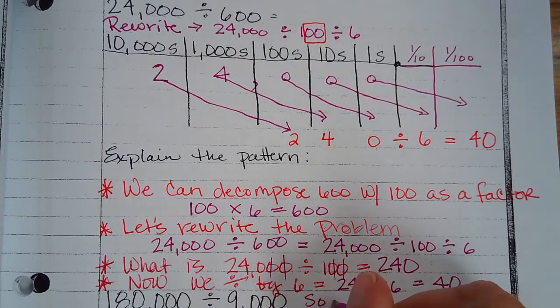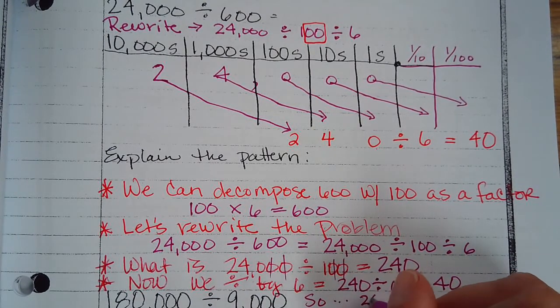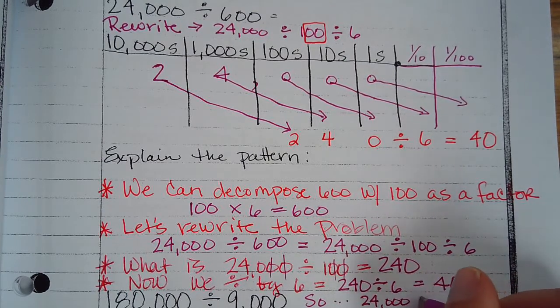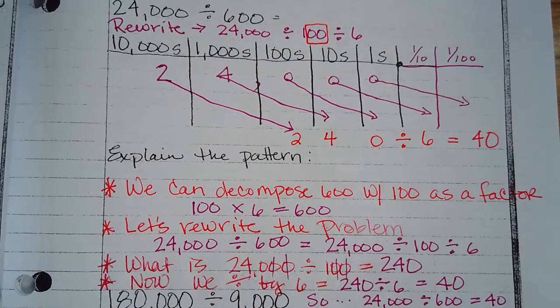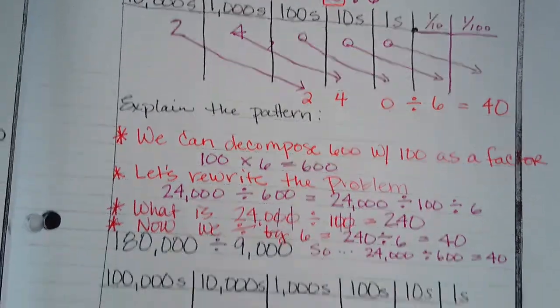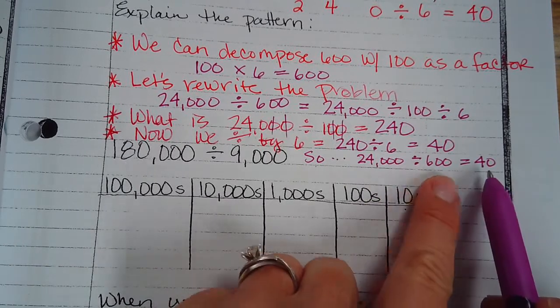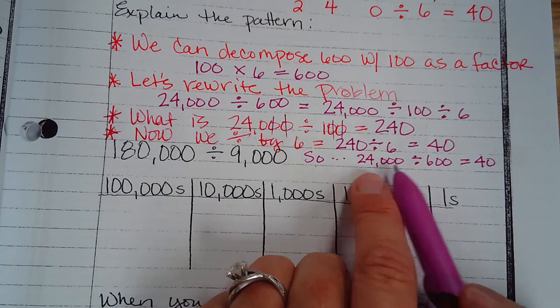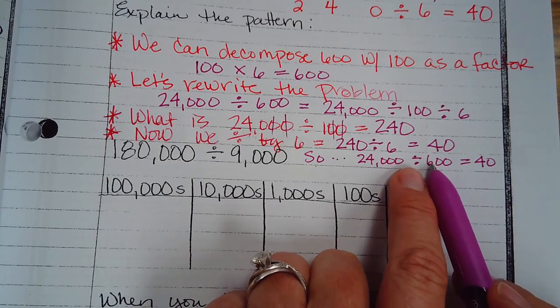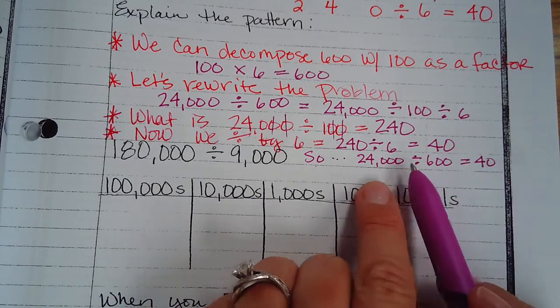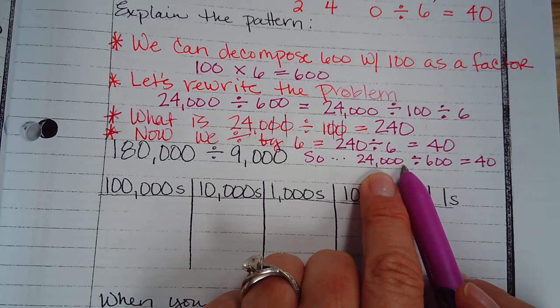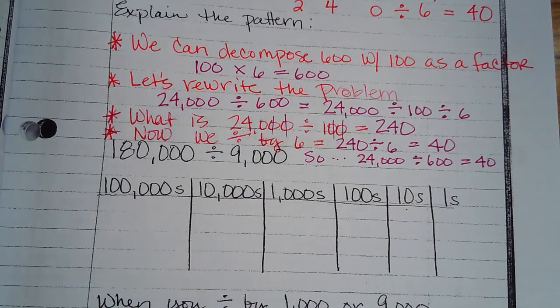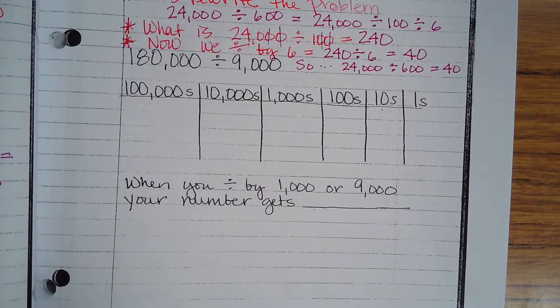So, 24,000 divided by 600 equals 40. And if you think about these two factors, if you multiply them, you should come back to 24,000, right? So 4 times 6 would be 24, and you would have 3 zeros. Oh, look at that. We know we're correct. Yes, yes? All right. Last problem before we start our problem set.